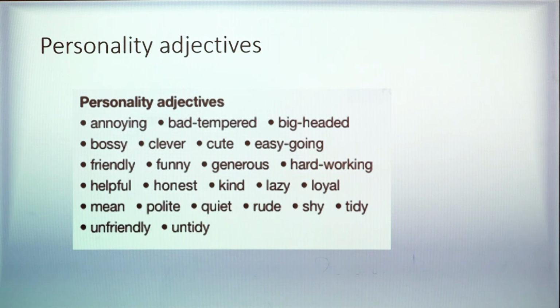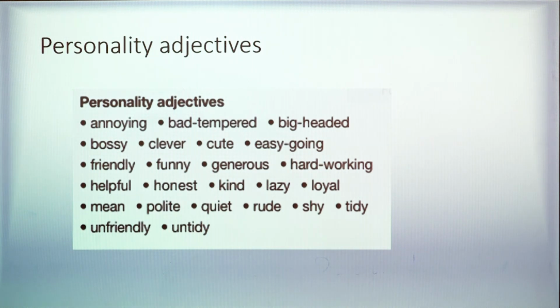We have some words that describe the characters of the people. You can see annoying, bad-tempered, big-headed, bossy, clever, cute, easygoing, friendly, funny, generous, hardworking, helpful, honest, kind, lazy, loyal, mean, polite, quiet, rude, shy, tidy, unfriendly, untidy.